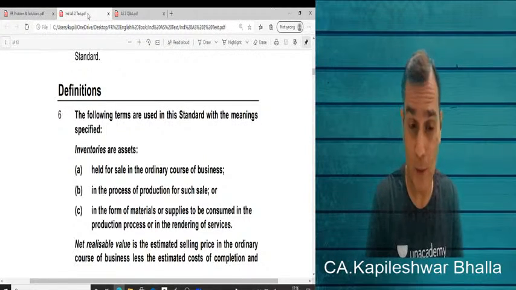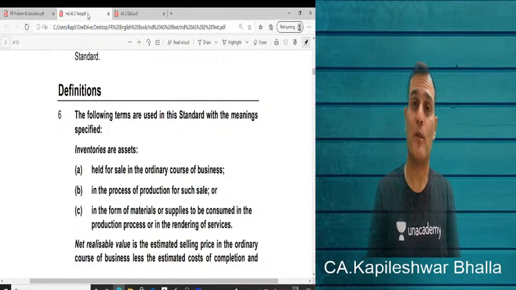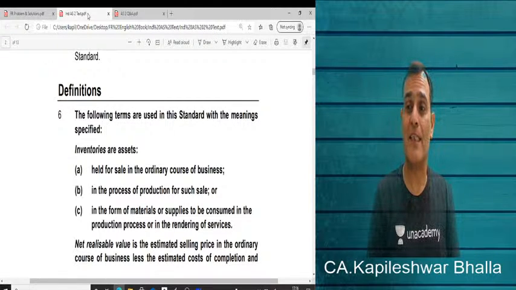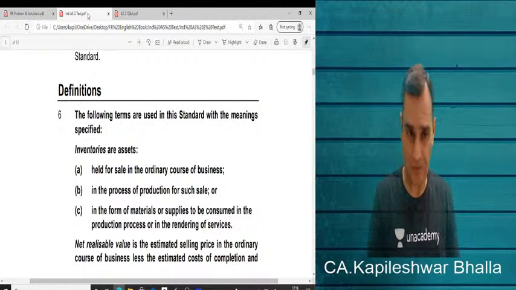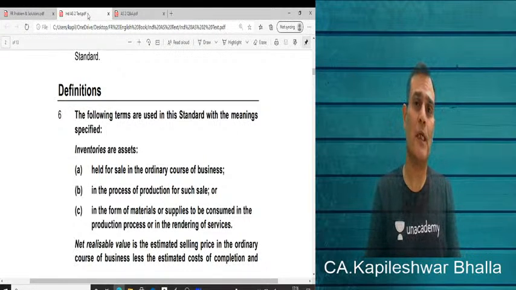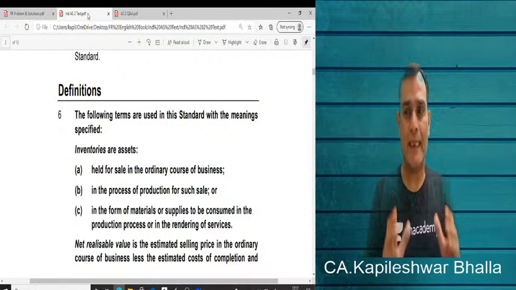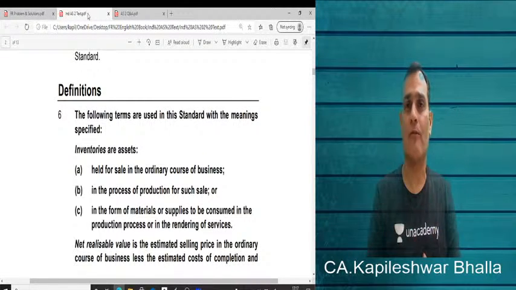I know you must be thinking, oh my God, you spent almost 15 minutes analyzing the definition of the word inventory, but I'm still not complete. I still want to add a few more things on this particular definition. Another thing which I believe, especially at the CFI level, when you're studying any particular topic, in today's time we've got a plethora of documents which support our understanding.